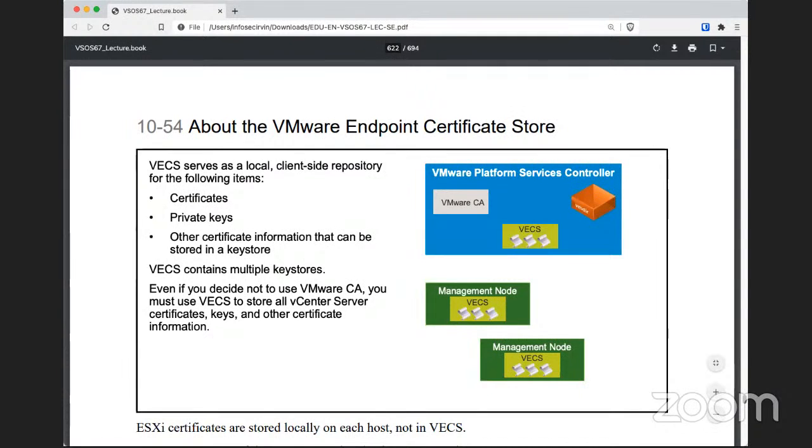The VECS, or VMware Endpoint Certificate Store, will store those certificates, private keys, and anything else that is necessary in order to use that communication. If you're not going to use the VMware CA, no problem. It'll still be used to store the certificate keys and other information if you get a certificate elsewhere.